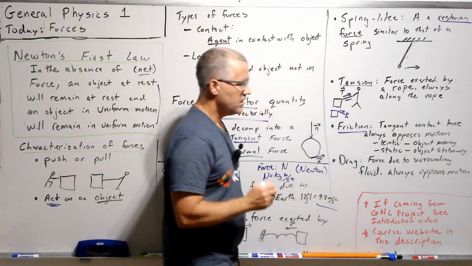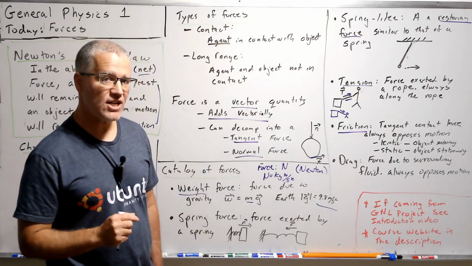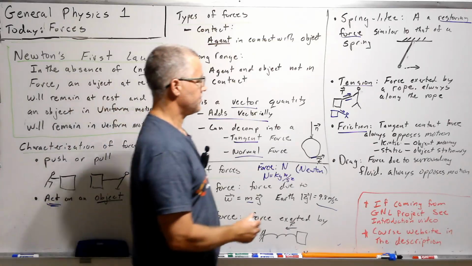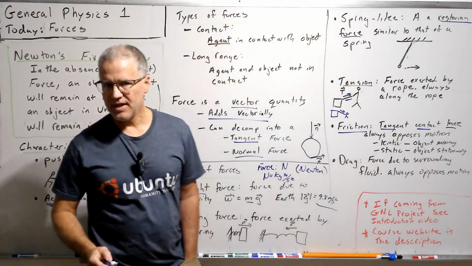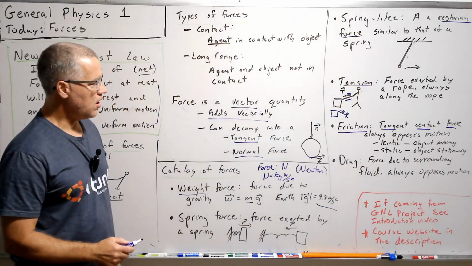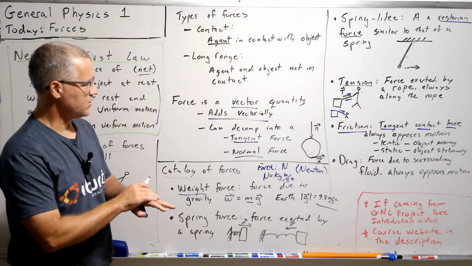Friction. Friction is a tangent contact force, which means it is always tangent to the object, because that's what it means to be tangent.